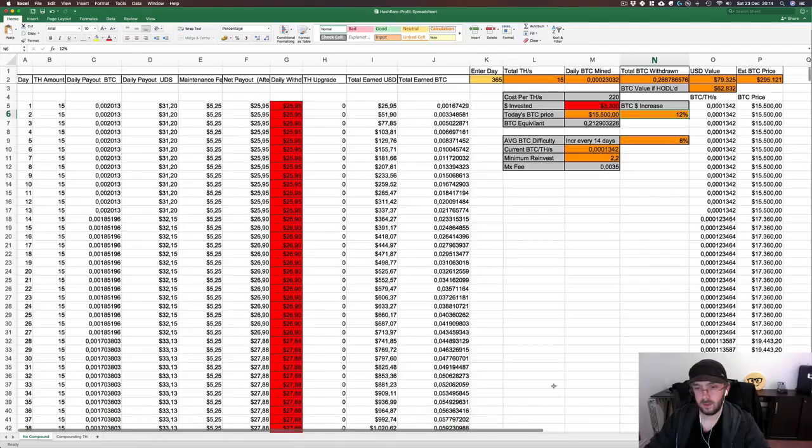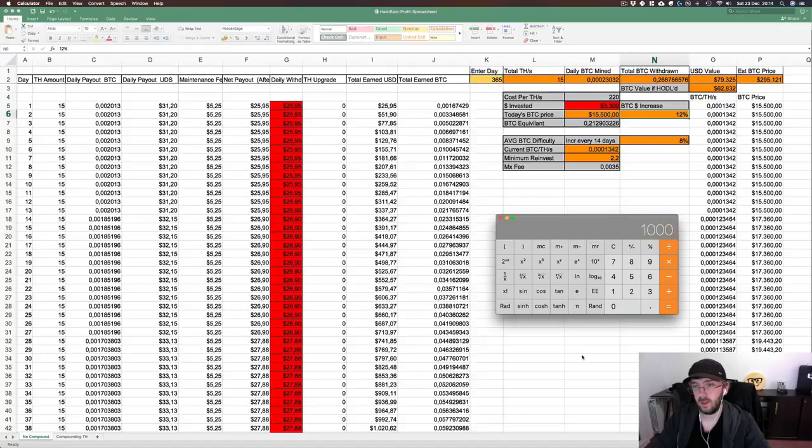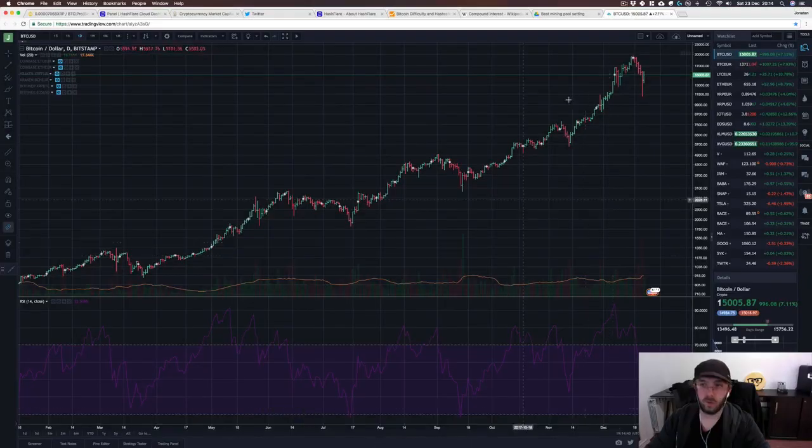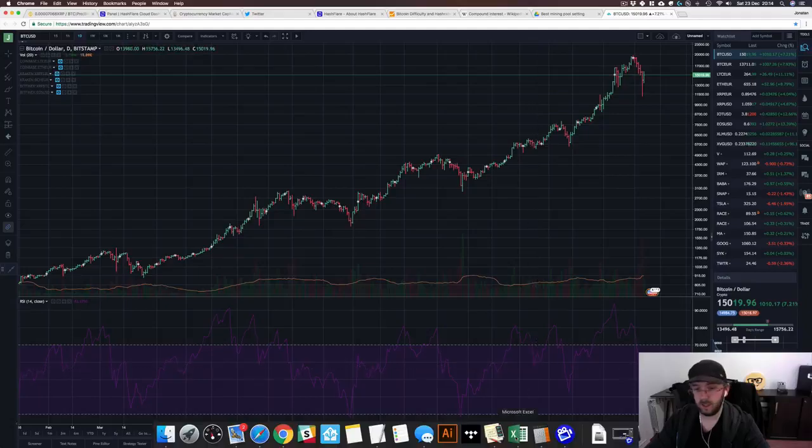So 1,000 times 12%, and we raise that to the power of 26, which is the number of times in 1 year that the 14 days repeats. That will be around 19,000, which is more or less what we had a few days ago. Right now it's been down for a few days, but it should go back up very shortly.